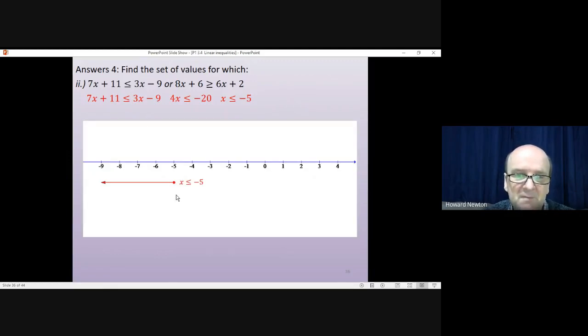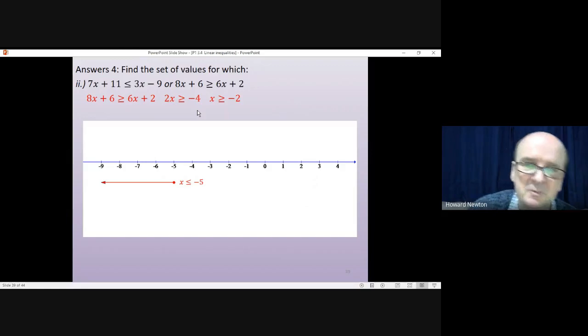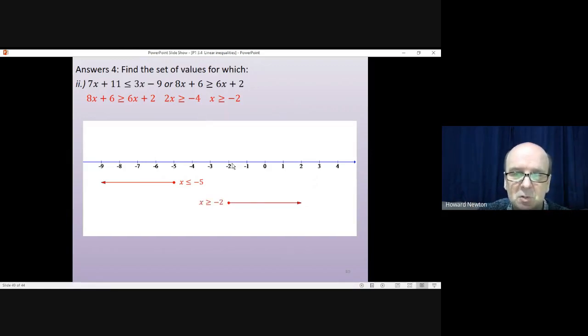It'll start at minus 5 and head backwards. Solid circle because it can equal minus 5. The second one, that's what we've got in the question. Tidying that up will give us 2x is greater than or equal to minus 4, which means x is greater than or equal to minus 2. The line for that will start at minus 2 and head towards the right. Again, it's solid circle because it can equal minus 2.